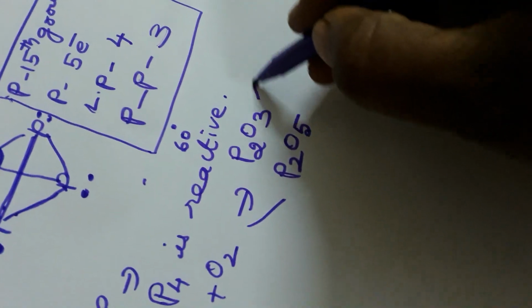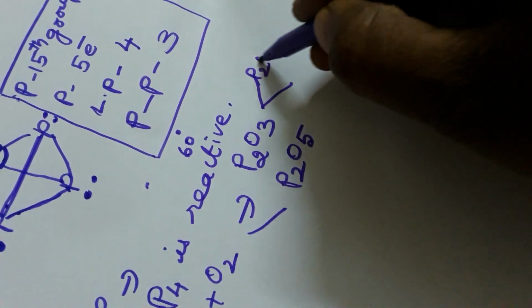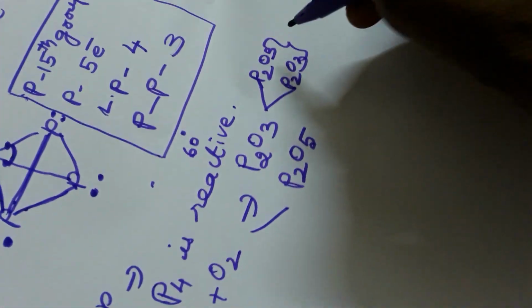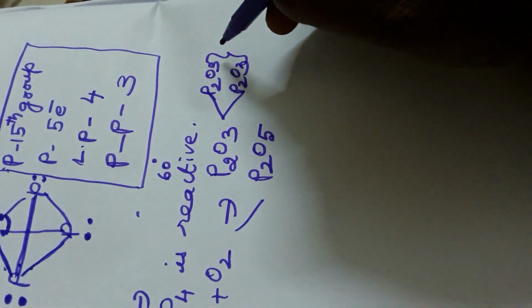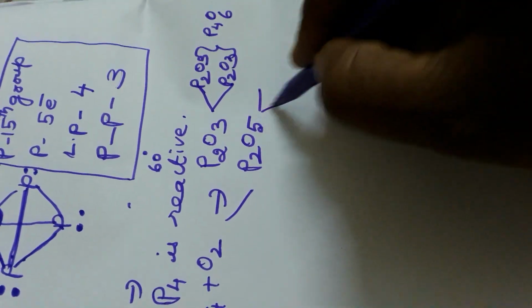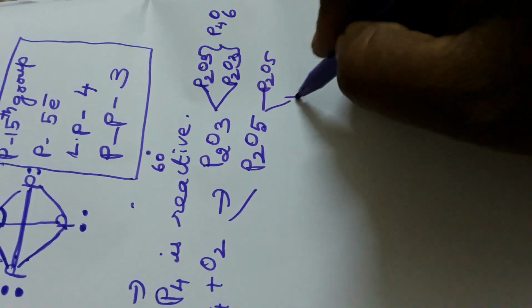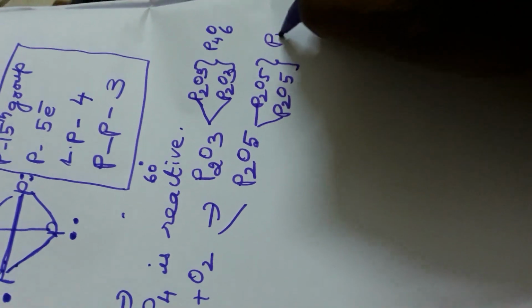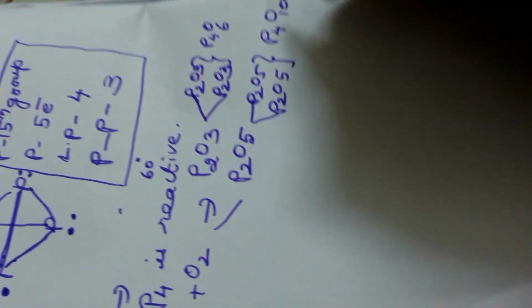For the sake of convenience, 2 P2O3 molecules join together and form P4O6. Similarly, 2 P2O5 exist as a dimer, that means they join together and form P4O10.